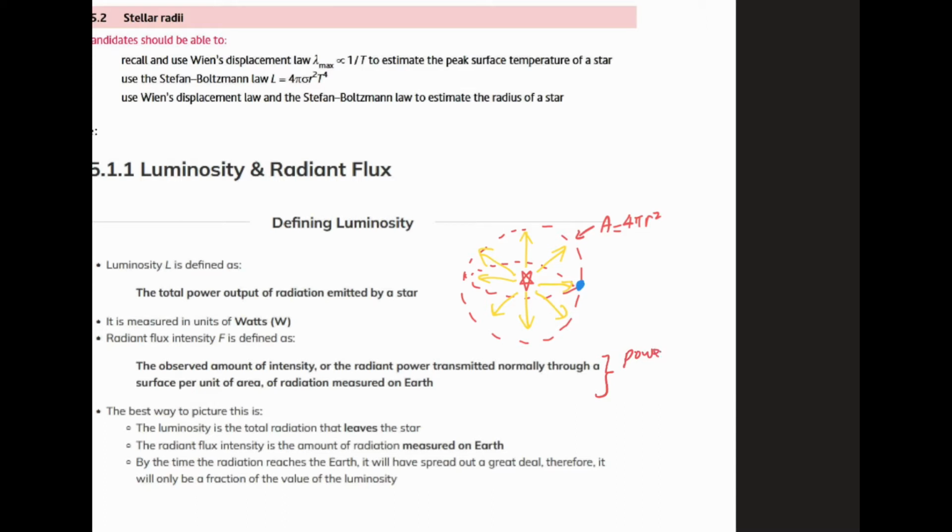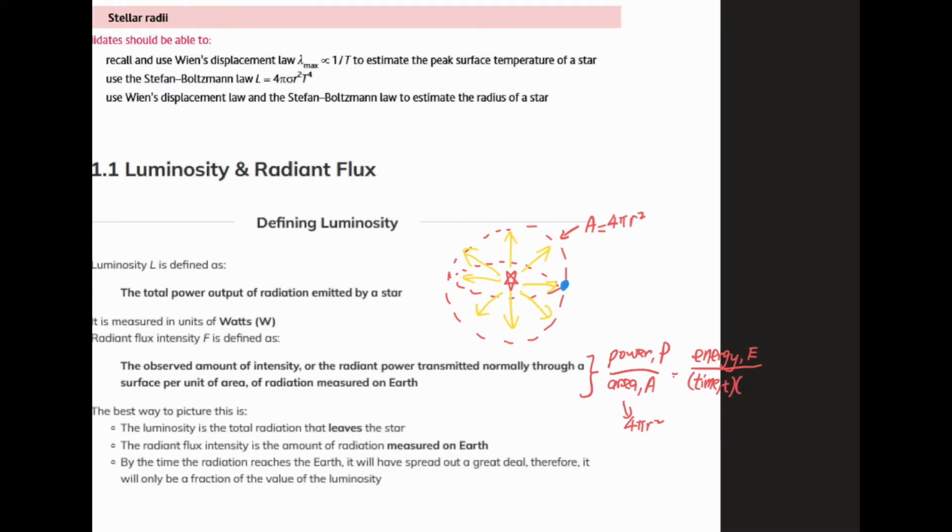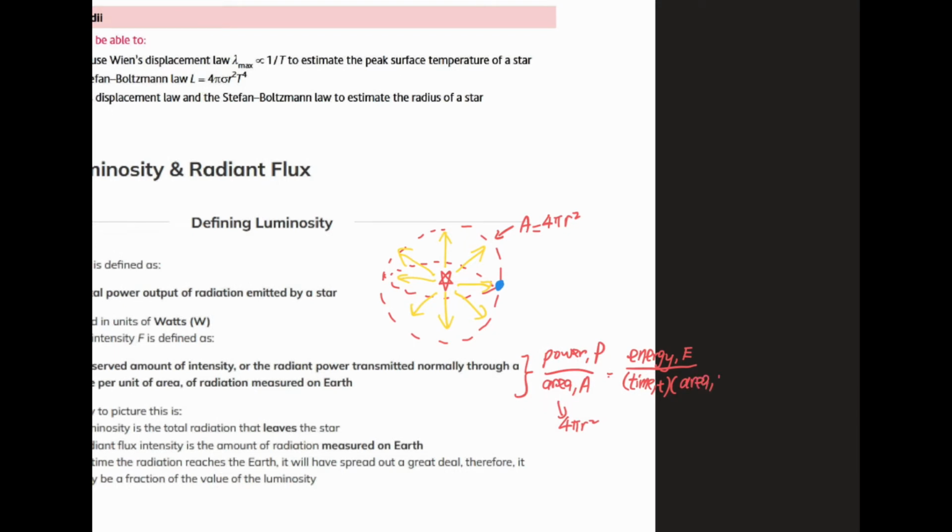Based on the definition, it's power P per unit area A, where A is 4 pi r squared, the surface area of a sphere, as I discussed earlier. And that equals, since power is energy over time, energy E over time T, with the area A remaining at the bottom.